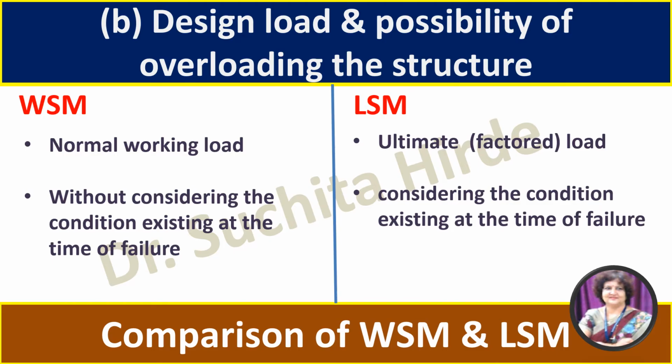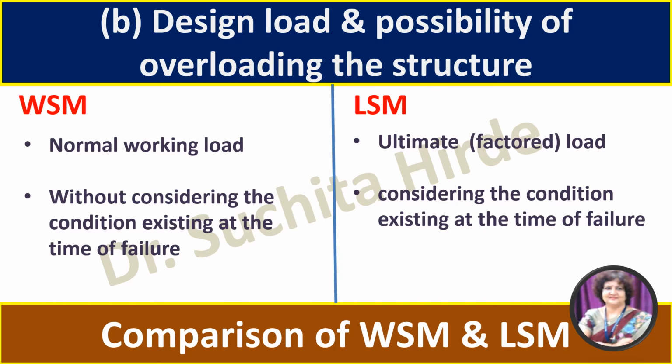Ultimate load is also called factored load at the time of failure. It is calculated by multiplying the working load by partial safety factor for load.